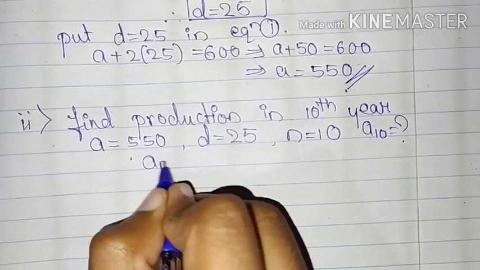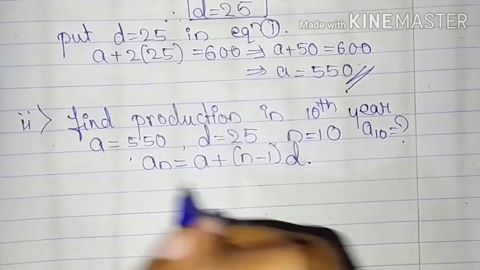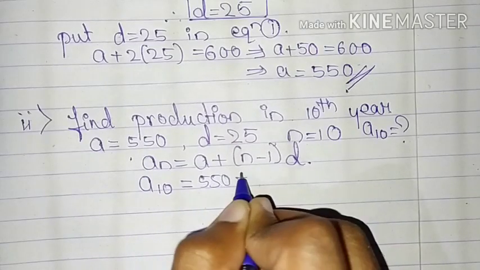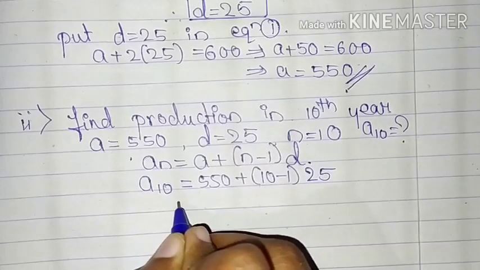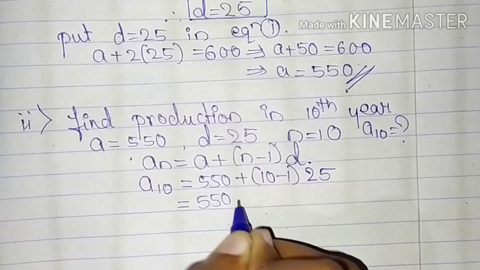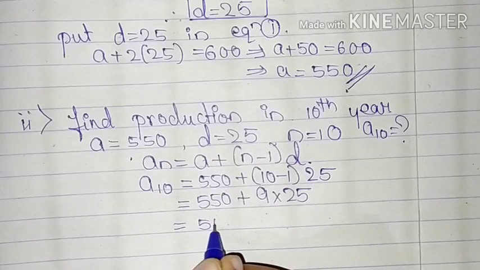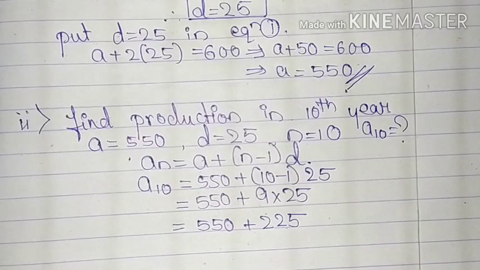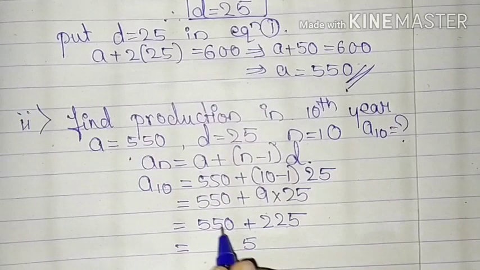We know that An is equal to A plus N minus 1 into D. So A10 is equal to 550 plus 10 minus 1 into 25, which is nothing but 550 plus 9 into 25, which is 550 plus 225. 25 nines are 225, which is nothing but 775.